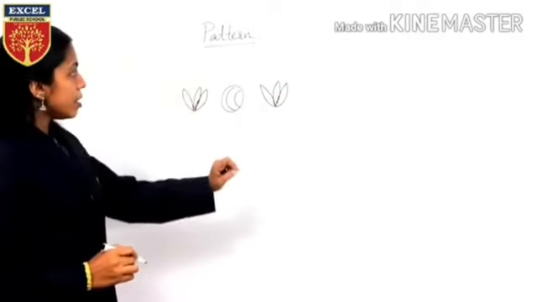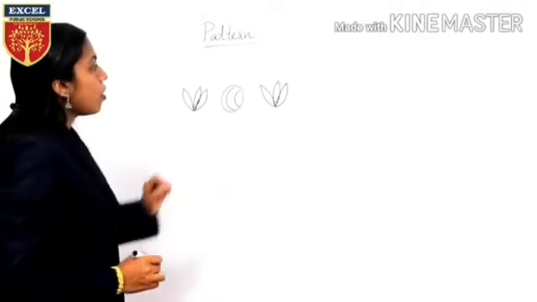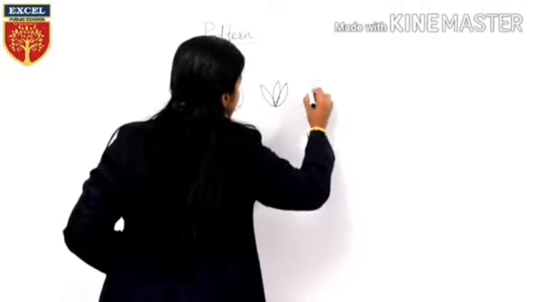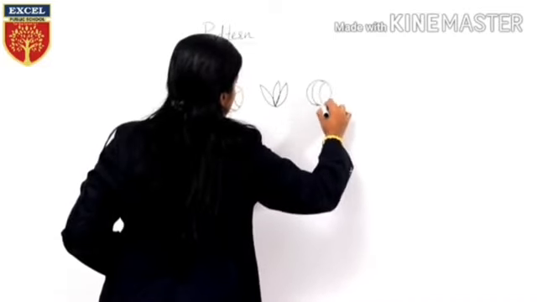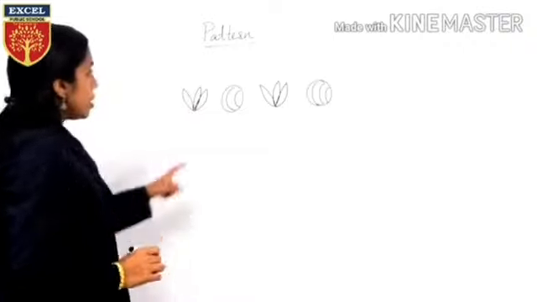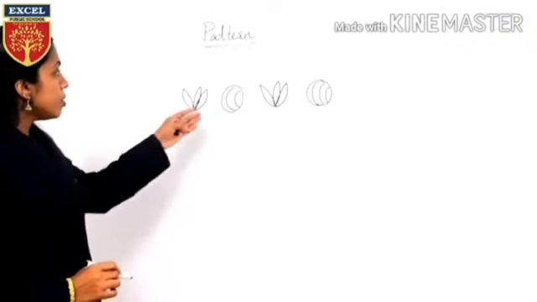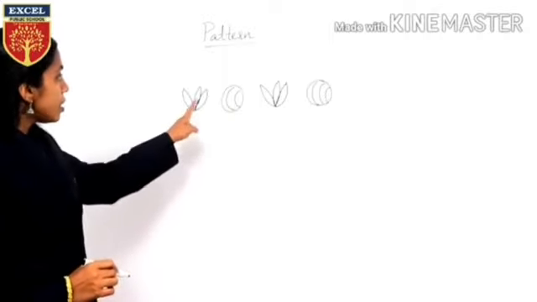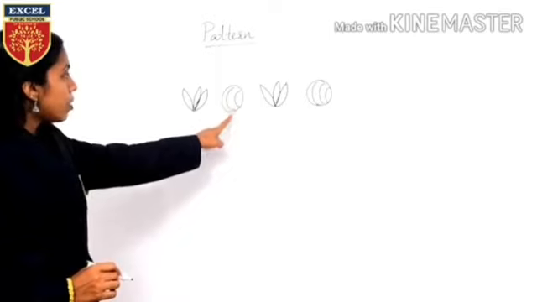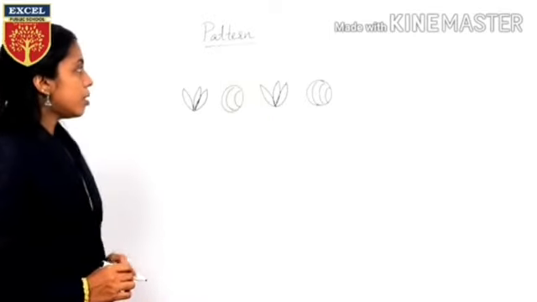What may be the next one? Yes, correct. Next one also a ball. Here you can see that we followed a rule to draw this type of pattern. What is the rule? After each flower, a ball. Then again flower, a ball.